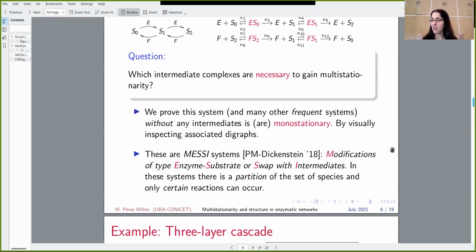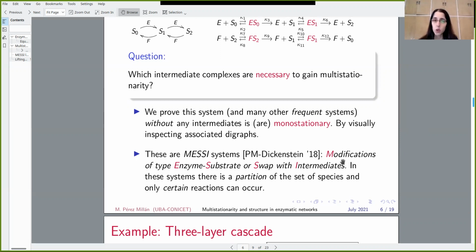This seems quite restrictive, but this partition is intuitive because you have the substrates in one set, the enzymes in another set. So it's easy to find these partitions. It's frequent to find them. They're related to the conservation laws, and the reactions are, for instance, enzymatic reactions.